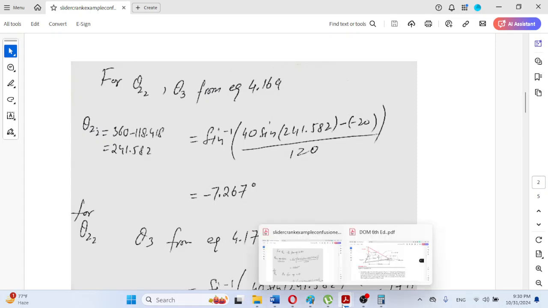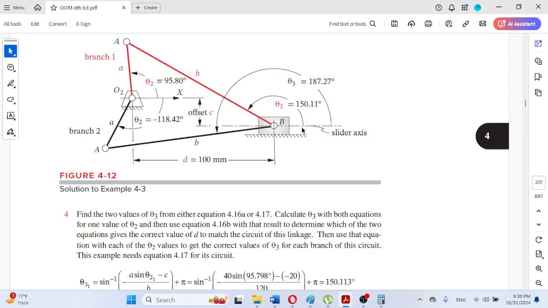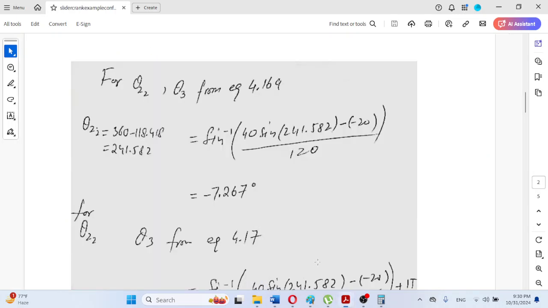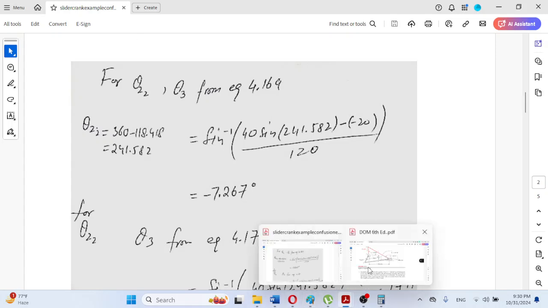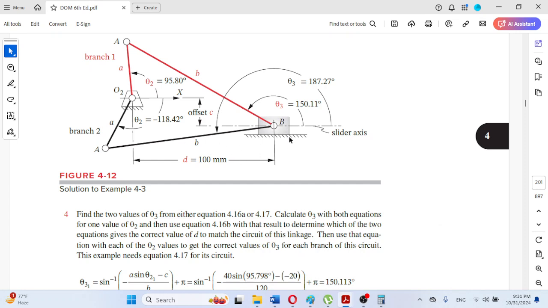If we see the actual example, the angle from the positive x-axis toward this location of the connecting rod, because this is the actual location of the connecting rod, is never equal to this value of 7.267, because obviously this angle is practically greater.